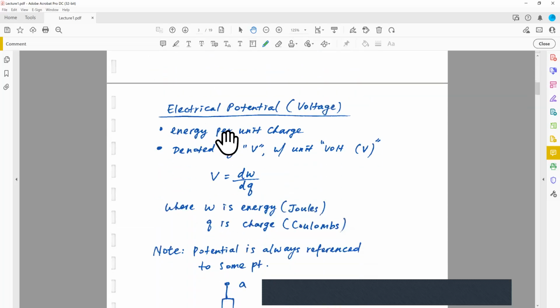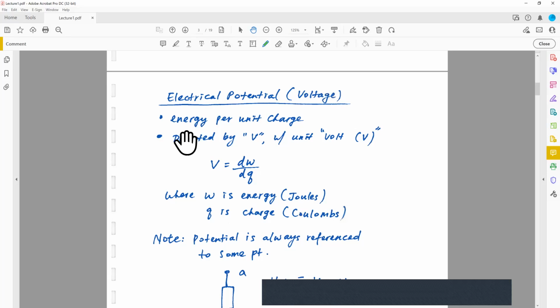Next, let's talk about electrical potential, aka voltage. An electrical potential or voltage is defined as energy per unit charge. And this is denoted by V, and the unit is volt.